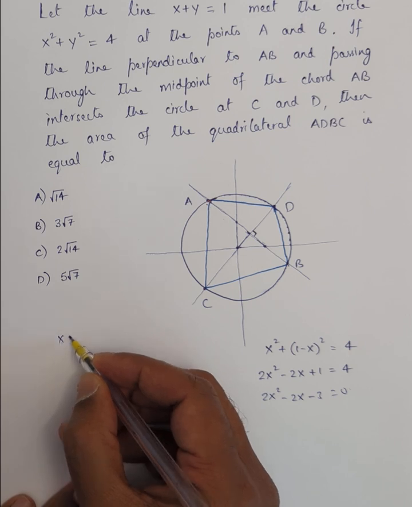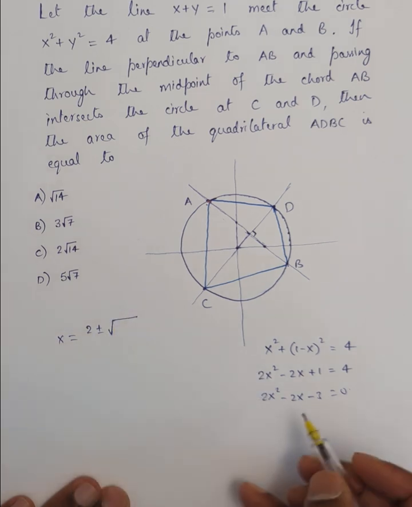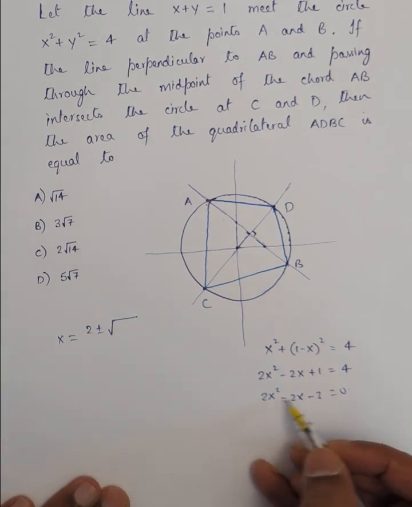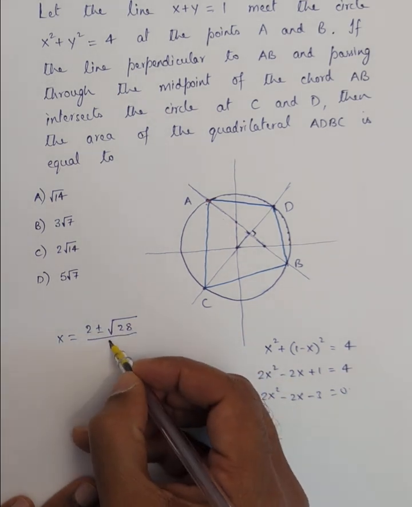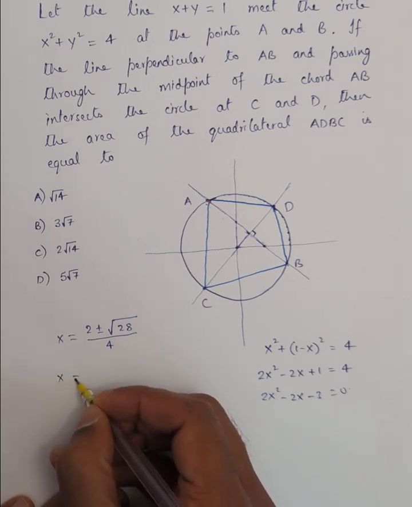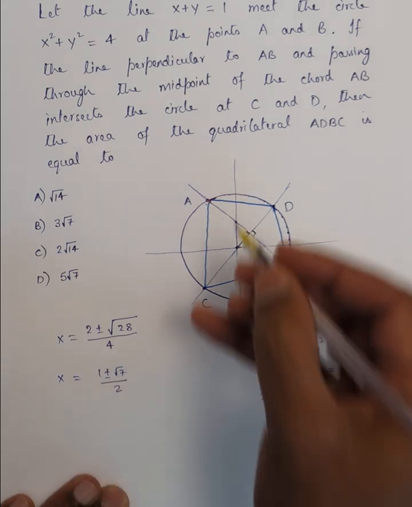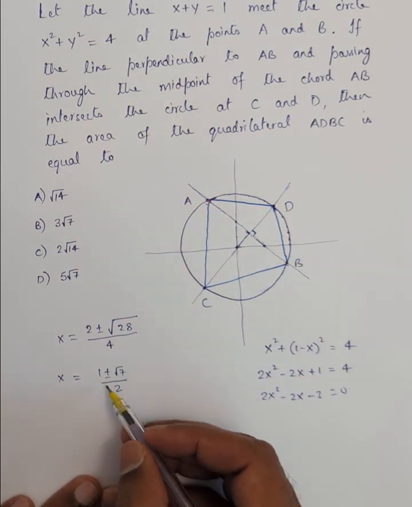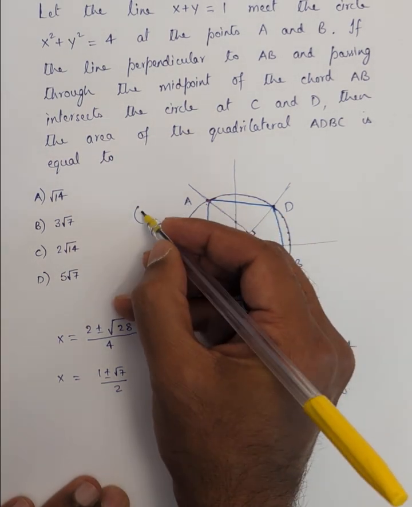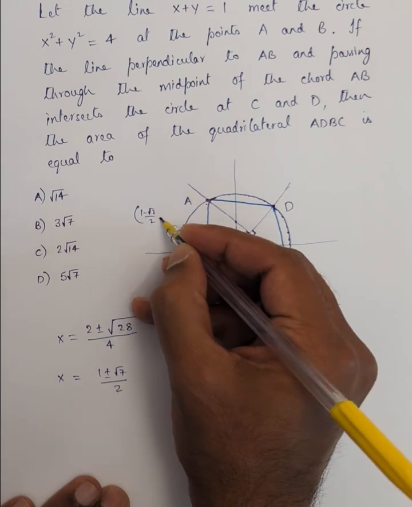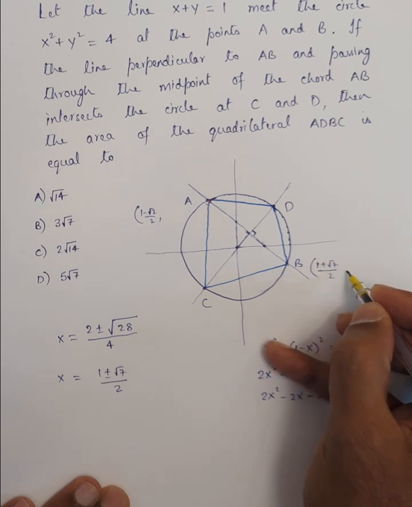So if you use the quadratic formula, it's 2 plus or minus the square root of 4 plus 24, so that's square root 28, divided by 2a, which is 4. And so that gives you (1 ± √7)/2. So the x coordinate, one of them is (1 + √7)/2, the other is (1 - √7)/2. So this is (1 - √7)/2, and this x coordinate is (1 + √7)/2.